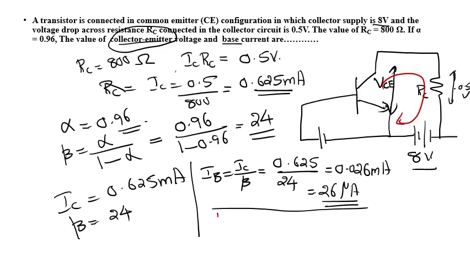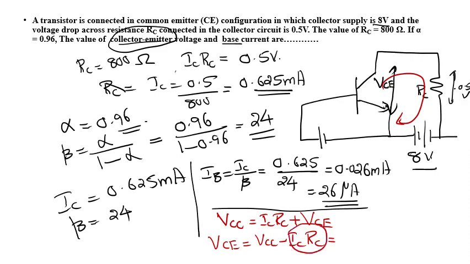So there VCC is a supply voltage that should be equal to ICRC plus VCE. So VCE will be equal to VCC minus ICRC. Okay, so the value of ICRC is given to us, that is equal to this 0.5 volt.